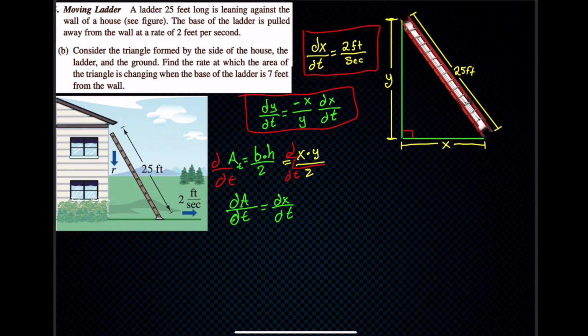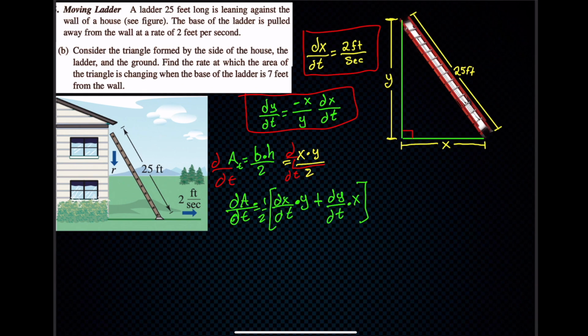Don't forget the 1/2, but I'll put that after. So times y plus, it's a product rule, dy/dt times x, and this is all times 1/2. Let me illustrate that. So 1/2 here. I'm going to use square brackets just to illustrate that.